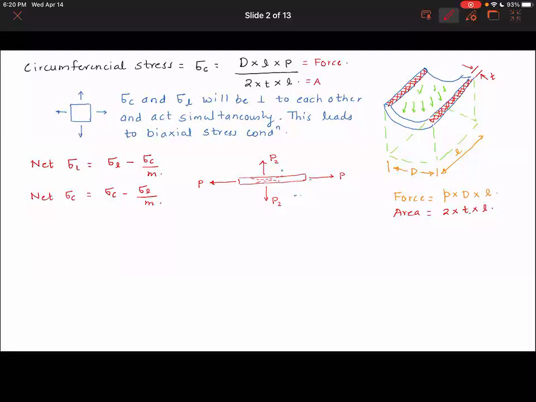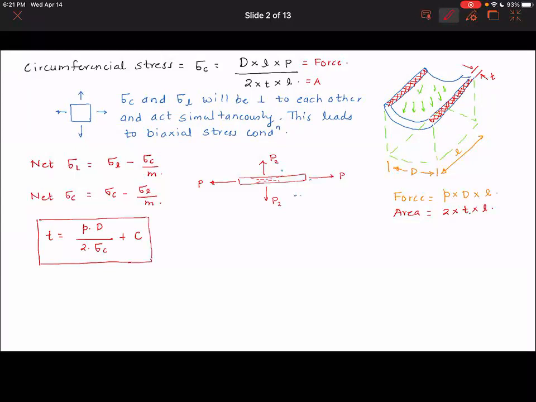Now, what we are going to do is determine the thickness of the cylinder wall using this formula. T is equal to P times D divided by 2 times sigma C, plus C. So this equation will be useful.